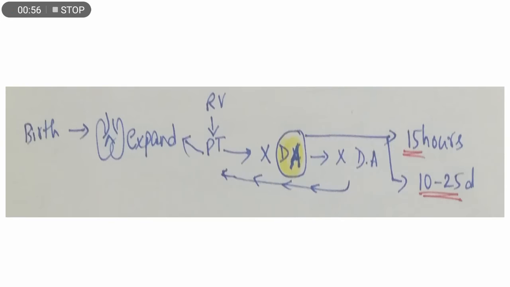At birth, the lungs will expand. The pulmonary trunk, which was initially giving blood to the ductus arteriosus and then to the descending aorta, is not going to give it anymore, because it has been waiting for the lung. The name itself is pulmonary trunk, right?